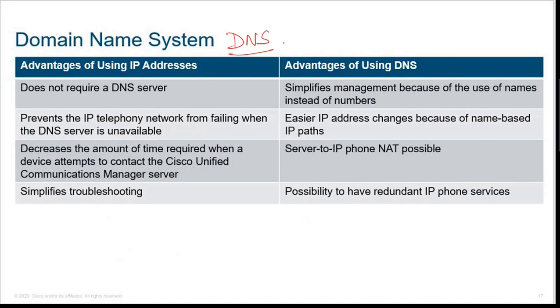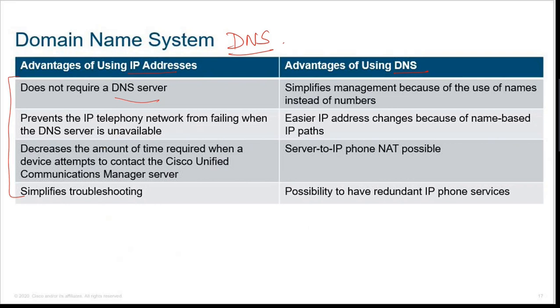So there are some advantages of using just the IP address versus using domain names and hence using DNS. If you're using just the IP addresses and you do not have a DNS server or a requirement for one, these are some advantages. You do not require a DNS server with IP addresses. It prevents the IP telephony network from failing when the DNS server is unavailable, of course.